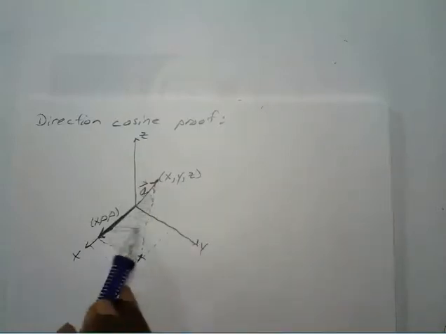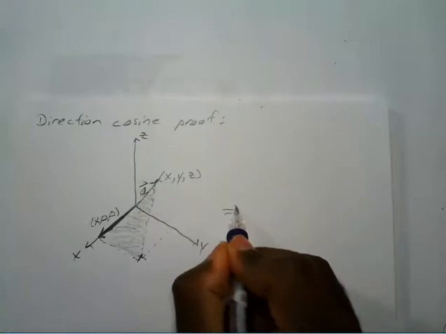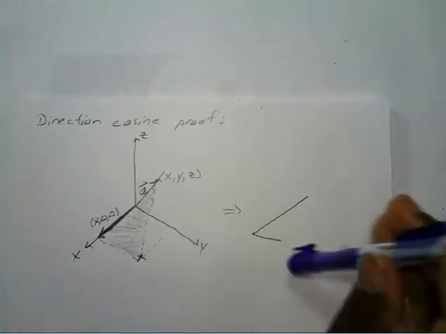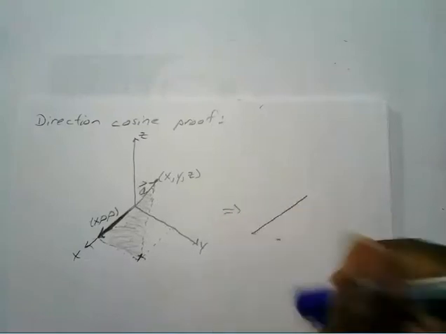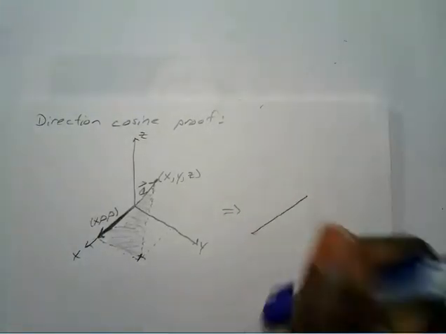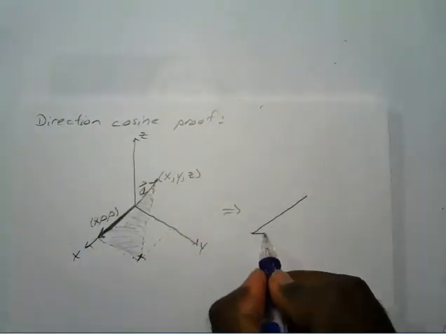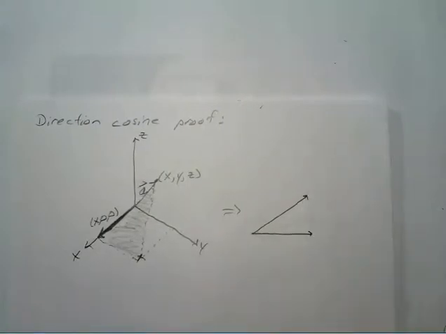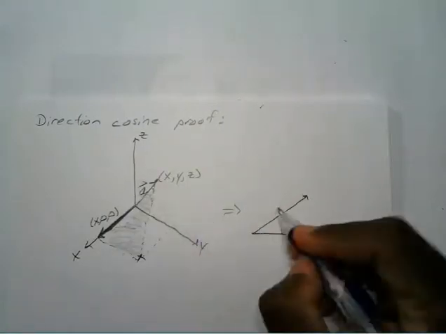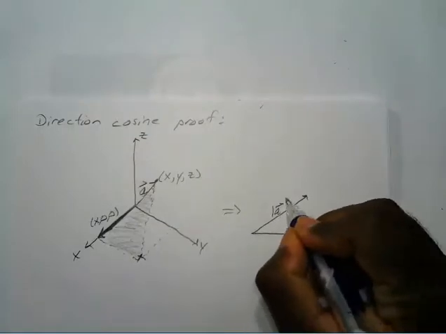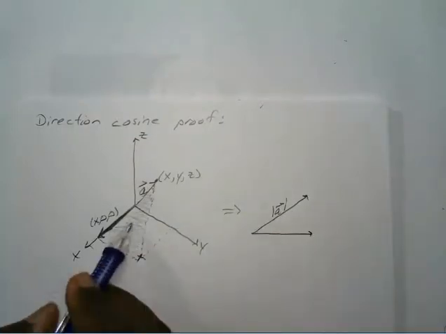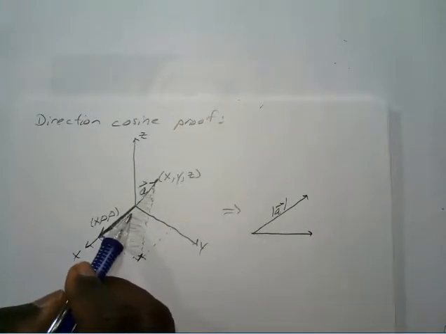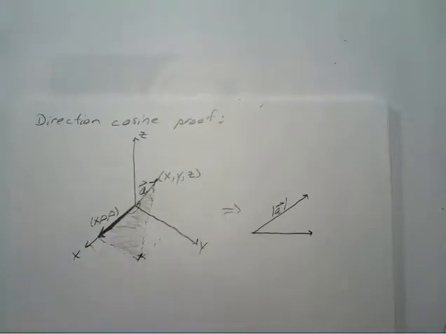We're going to pay attention to just this portion. It kind of looks like this, where this is the length of our vector A. Remember, you have your alpha, which is the angle between this wall and the vector.